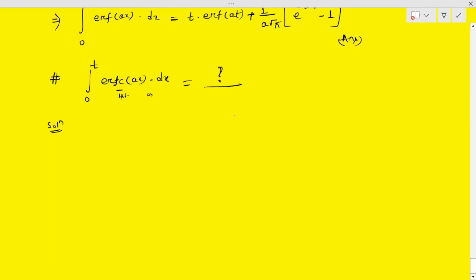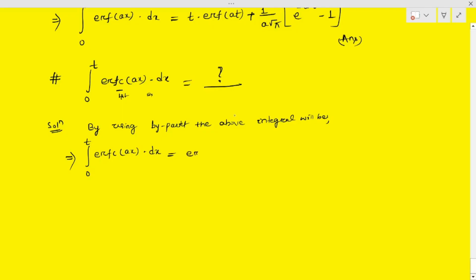So using by parts, the above integral, 0 to t complementary error function of ax dx, is equal to first function complementary error function ax, second function 1 dx, limits 0 to t.